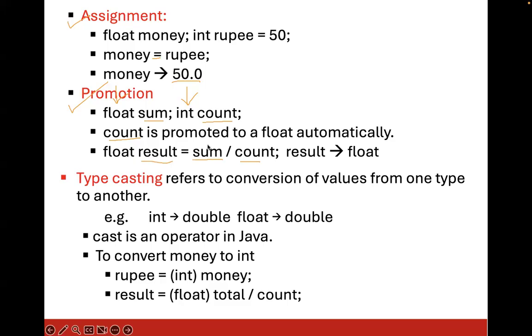So now what is the data type of sum? It is float. And what is the data type of count? It is int. And what is the data type of result? It is float. So now the result is float. So they will do the calculation. And then let's take the sum is 100.